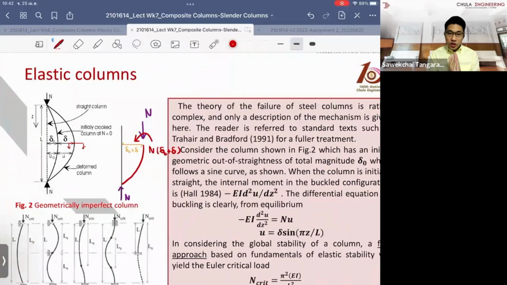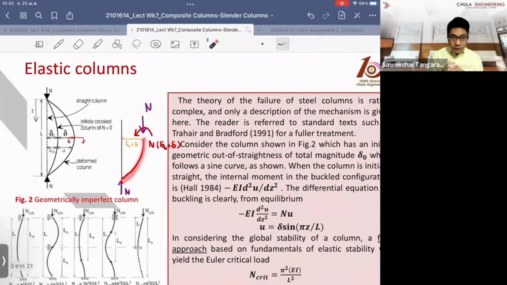And when we check the stress, when there is this eccentricity, which is the secondary moment, the problem is that the column doesn't remain straight at all. It starts to form a curve.